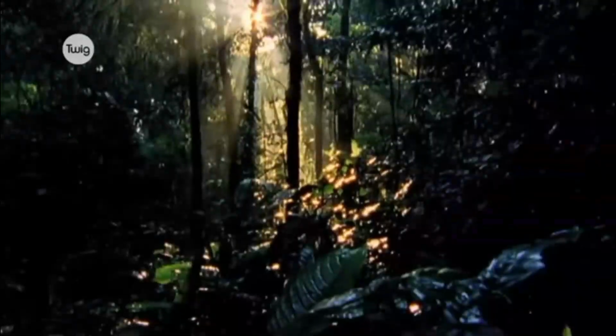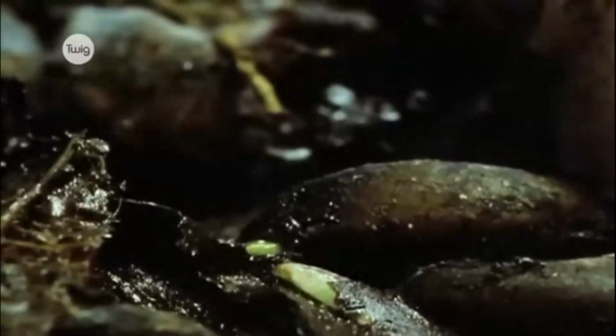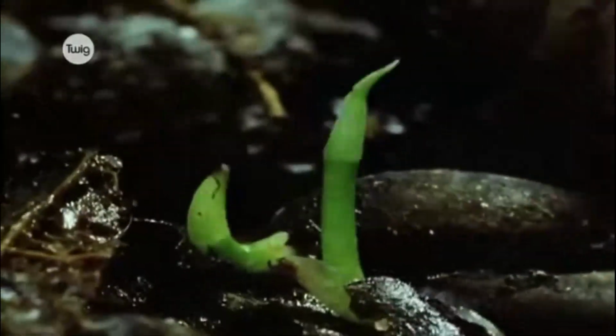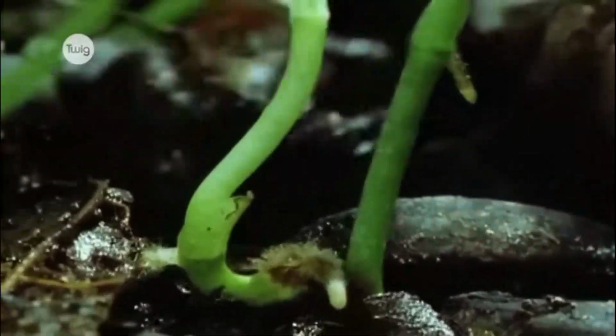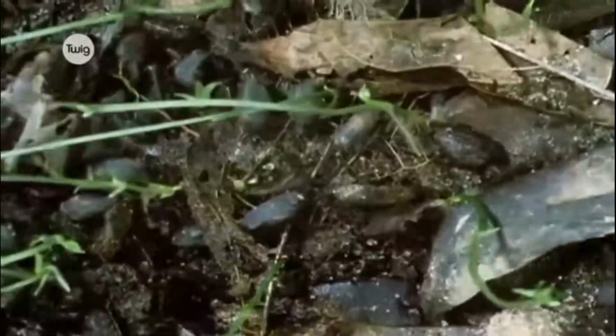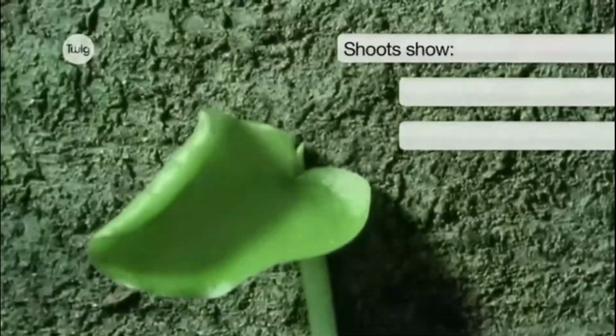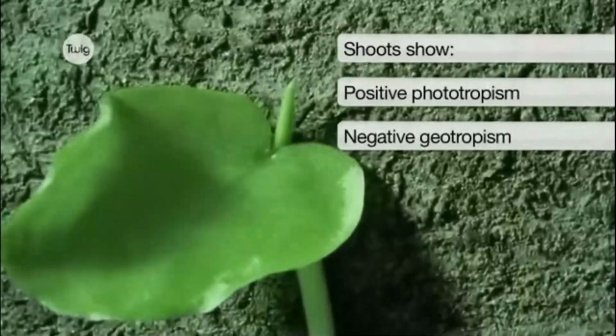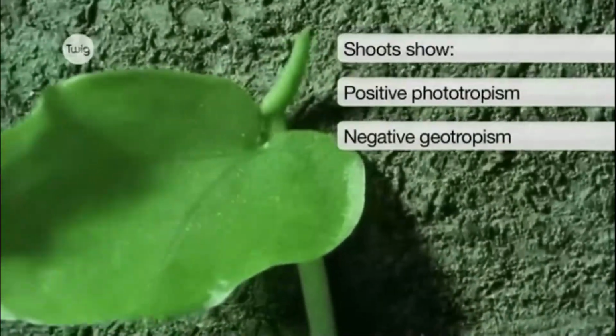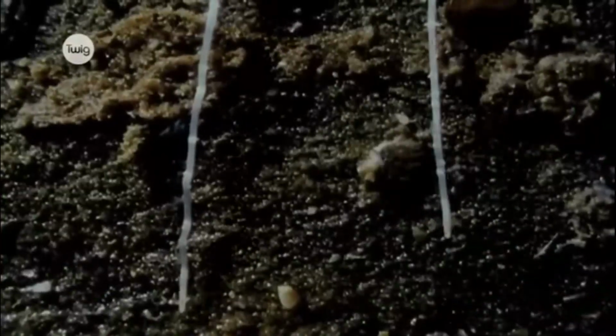Growth responses are either positive or negative, towards or against the stimulus. For example, when this seed germinates, the shoot will always grow towards light and upwards against gravity, whilst the roots always grow down into the soil and towards water.